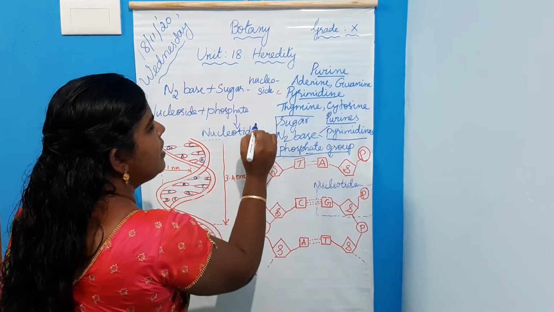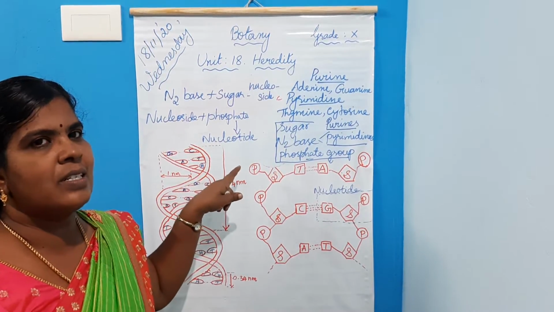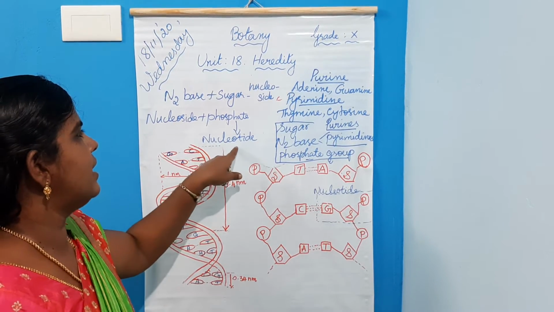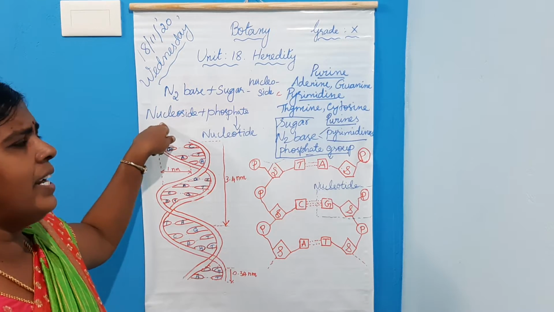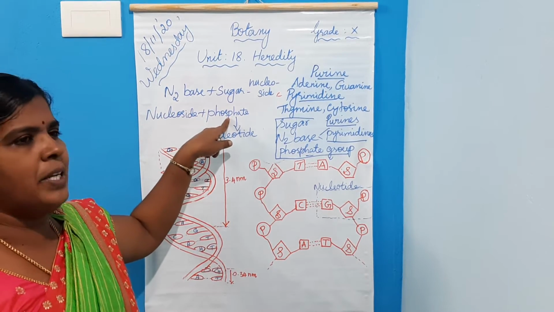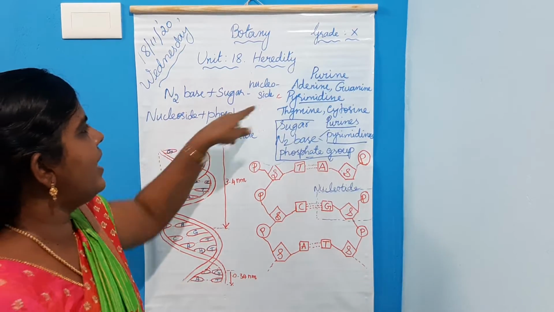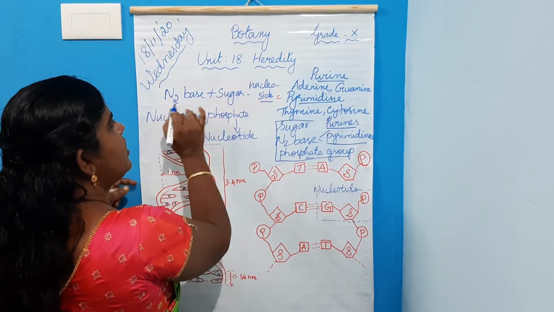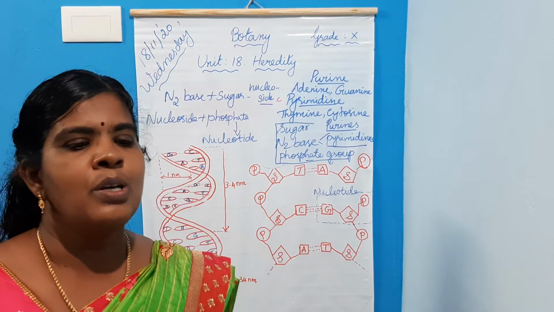DNA consists of millions of nucleotides, so it is termed a polynucleotide chain, isn't it? What is called nucleotide? Nucleoside combines with phosphate group to form nucleotide. What is nucleoside? Nitrogenous base combines with sugar to form nucleoside.